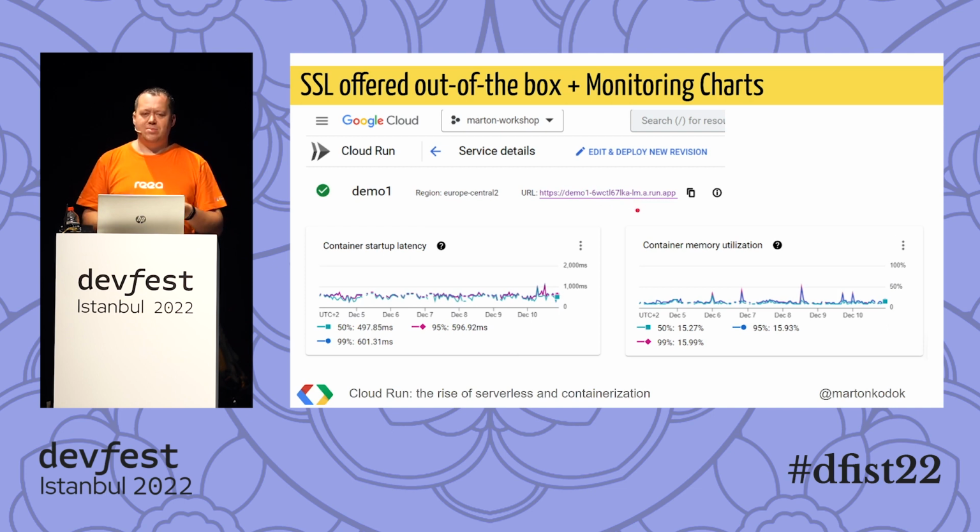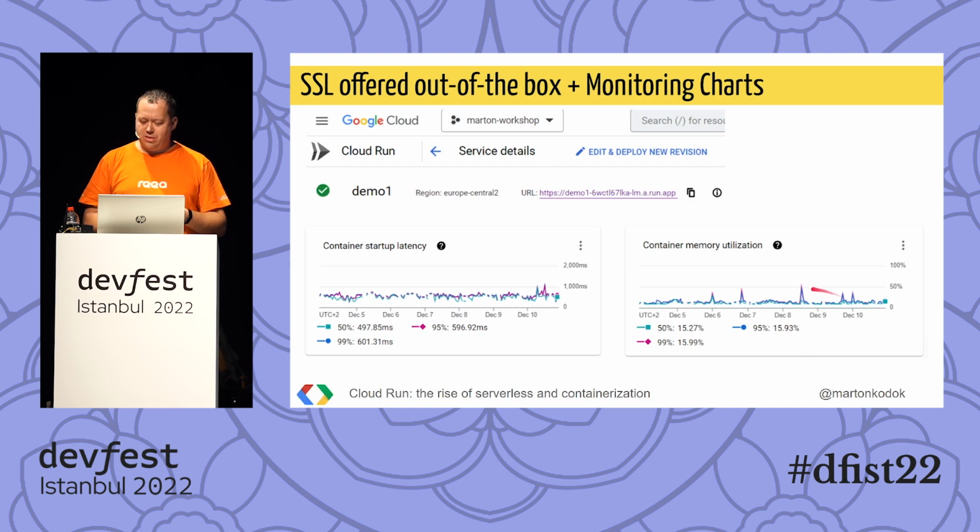You have some charts, but I should actually use 2 charts here. Container startup latency. So the startup latency is around, let's say, 500, 600 milliseconds. This is the cold start, as you name it. And you have the memory.